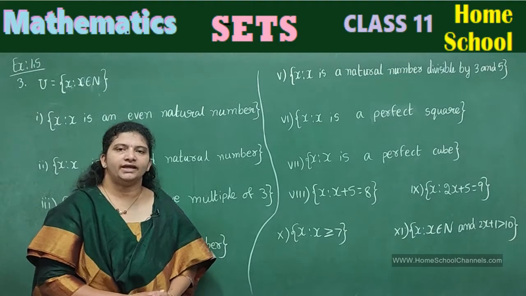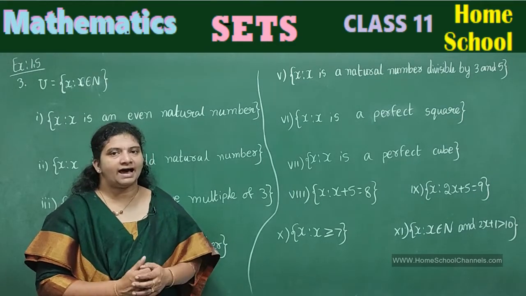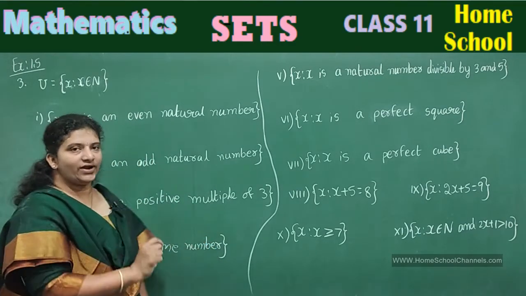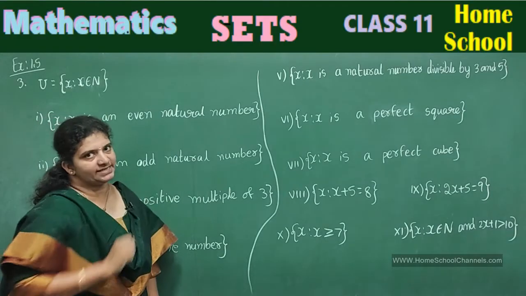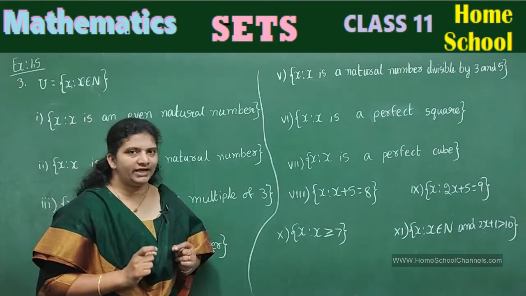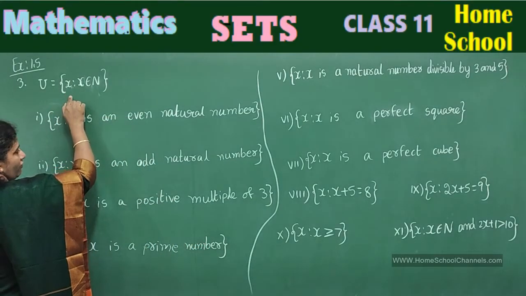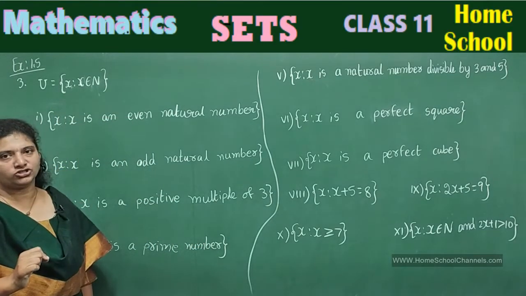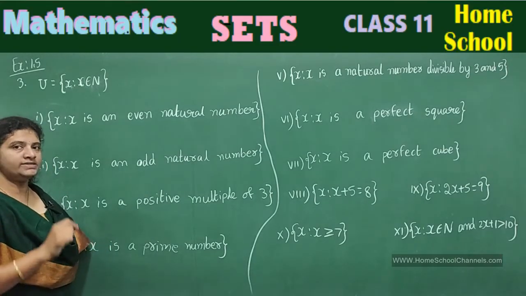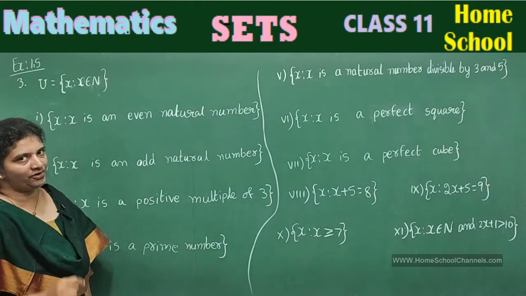Third one, taking the set of all natural numbers as the universal set, write the complement of all these sets. Okay, first we need to write the universal set. Universal set is equal to the set of all x such that x belongs to natural numbers, or the set of all natural numbers, also you can write.